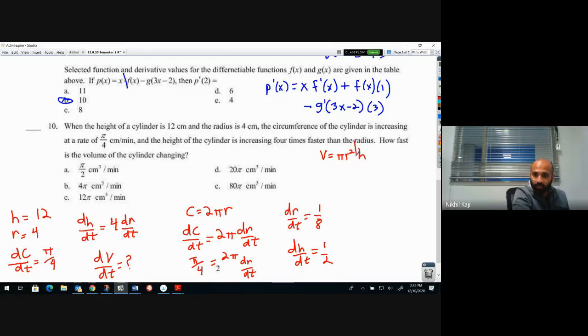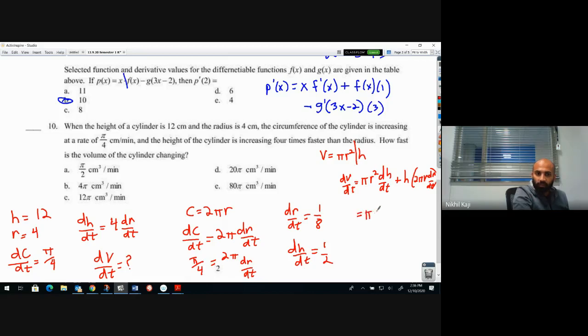But yeah, we're going to take the derivative using product rule. So that's dv dt equals f g prime plus g f prime. All right. So now let's plug all our stuff in.